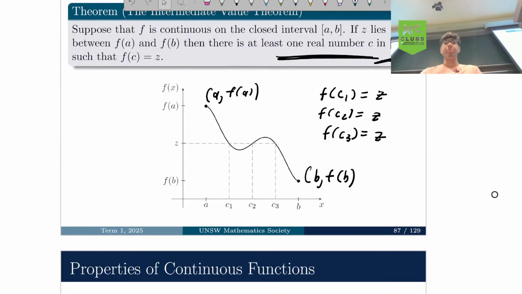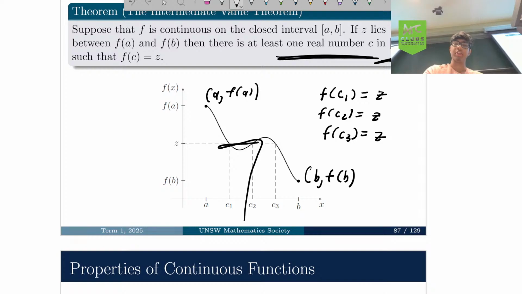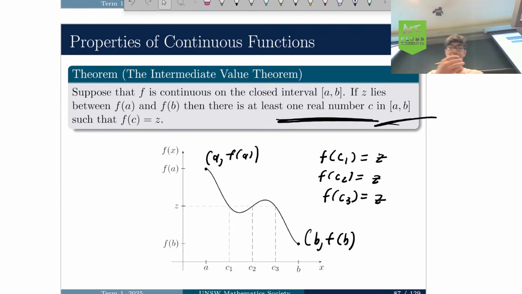There are multiple values for c where the function value is equal to z, but the intermediate value theorem states that there is at least one. In this case, you can see there's 3. If I chose a new point, let's choose this point here, and call this q, we can see there's literally only one point here, and we'll call this w.